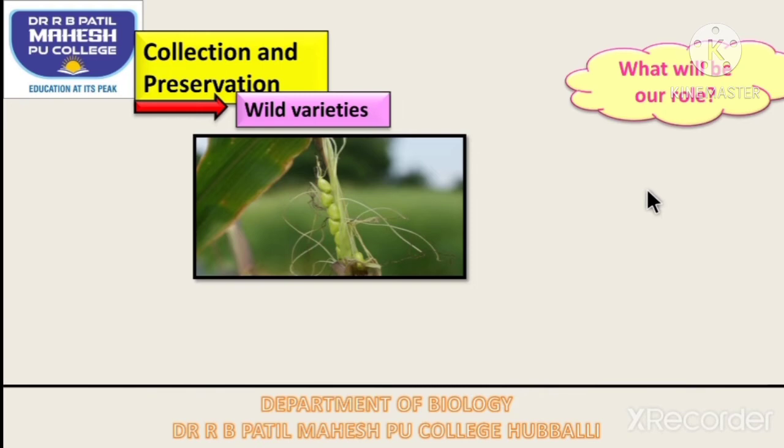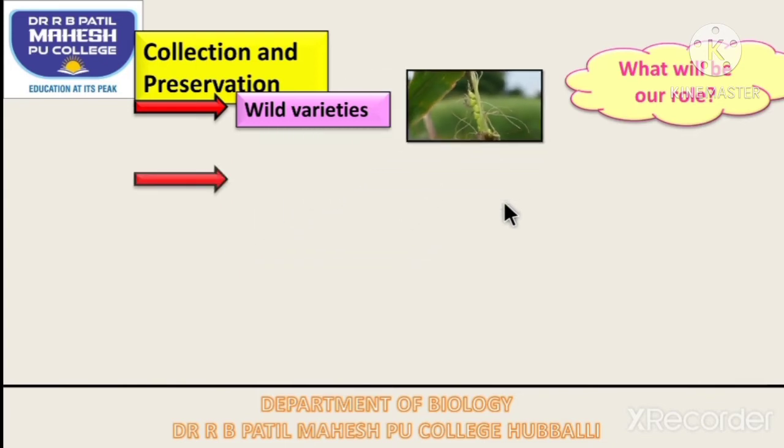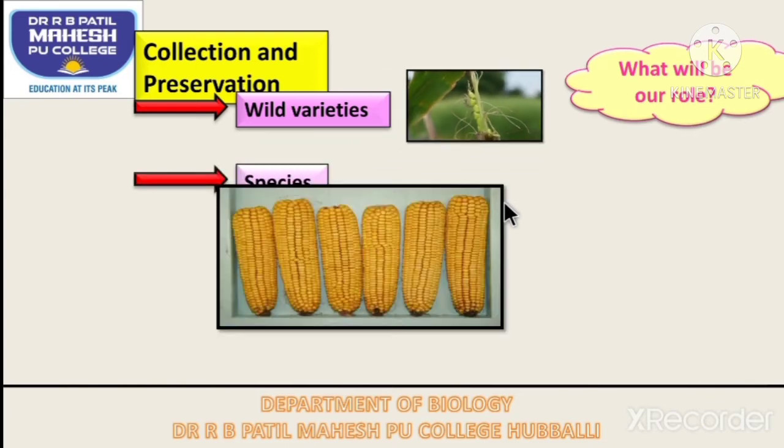Say for example, with respect to maize, let's try to understand. This is a wild variety of the maize. See here, 1, 2, 3, 4, 5, 6. That means only a few seeds are there. But such a type of maize or corn we have not seen. So if we come across such a wild variety, we have to preserve such seeds of the plants. Then another variety of the same corn we will see.